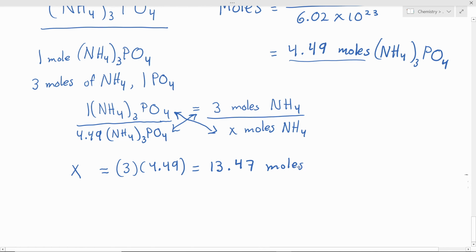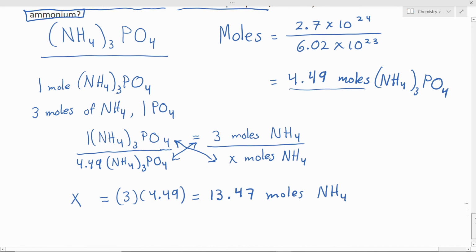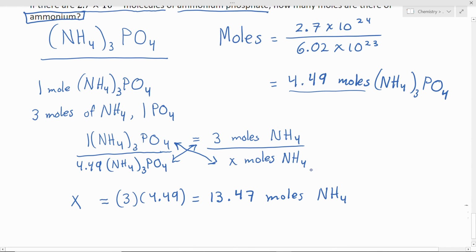And that would give us our moles of ammonium only. And this makes sense because we just multiply by 3. Because here, if there's 1 mole, if we multiply by 3 for ammonium, we get 3 moles of this. And over here, we just have to do the same thing. We just are multiplying by 3 to get our moles of ammonium.